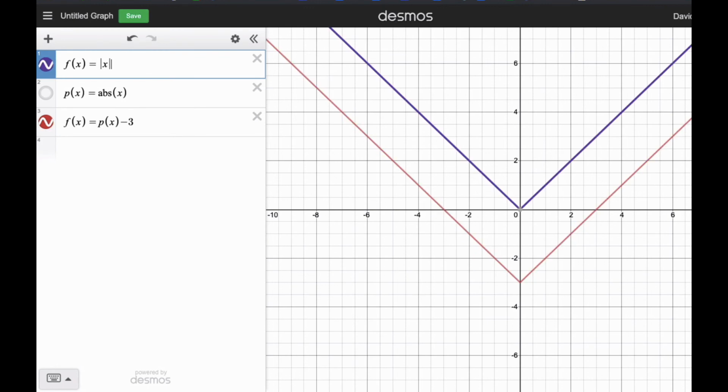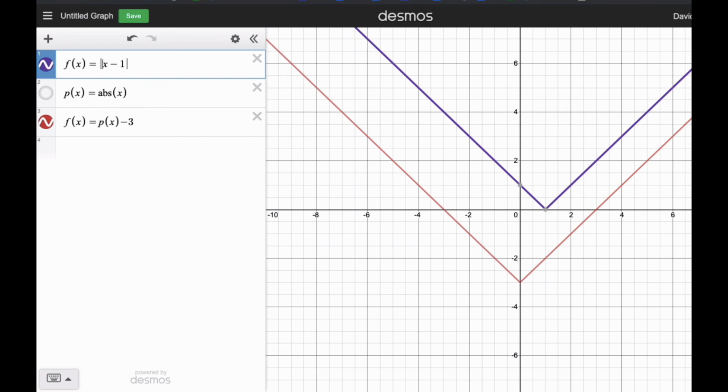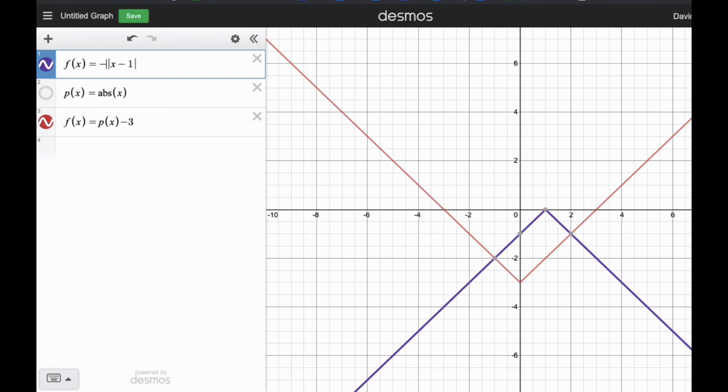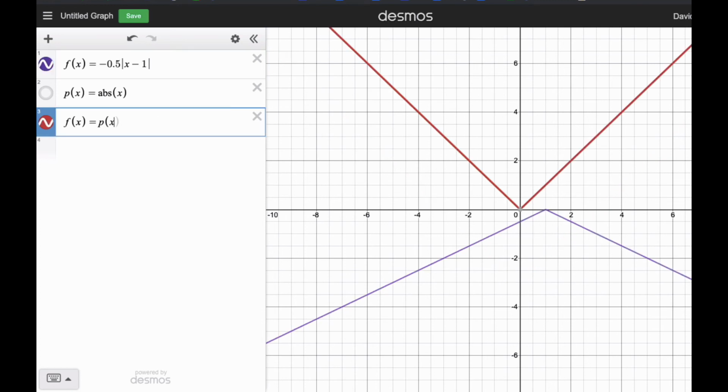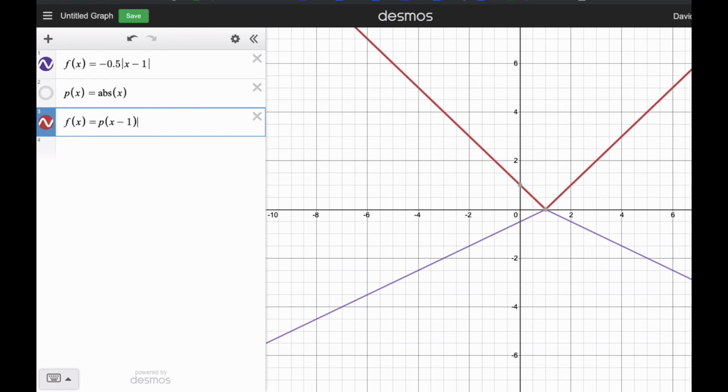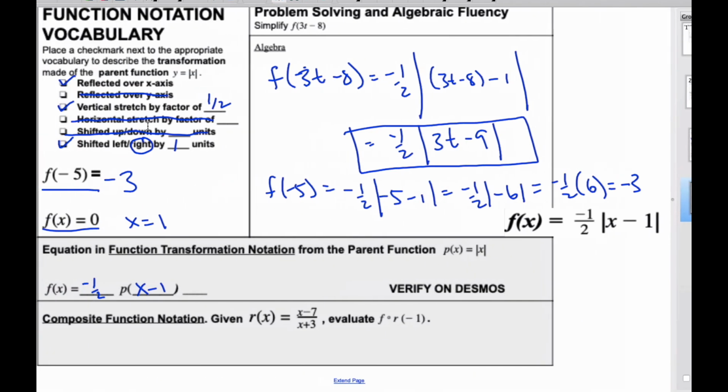I know that the shift was minus 1 and the coefficient was negative 0.5, which is the graph that I got. And if I do this one, x minus 1 and negative 0.5, again I can see that that is a correct representation of the function notation idea.